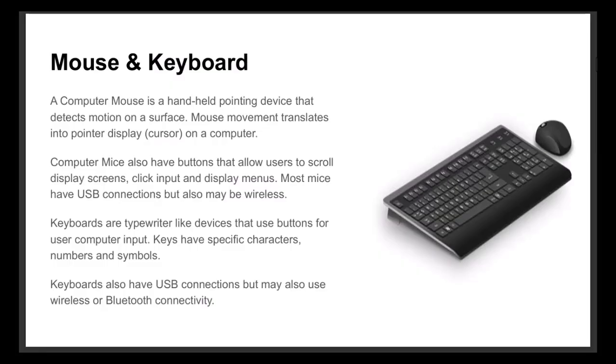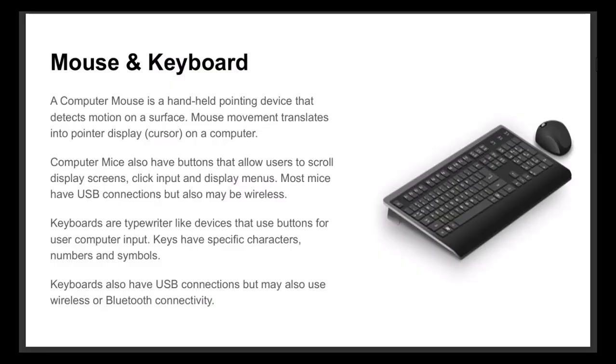We also have keyboards. Keyboards are a peripheral device that functions in the same way as a typewriter. It will have a display of different keys or buttons that when the user presses them, it will produce input on the computer screen. Your keyboards will have different keys for all of your letters, numbers, and special characters.